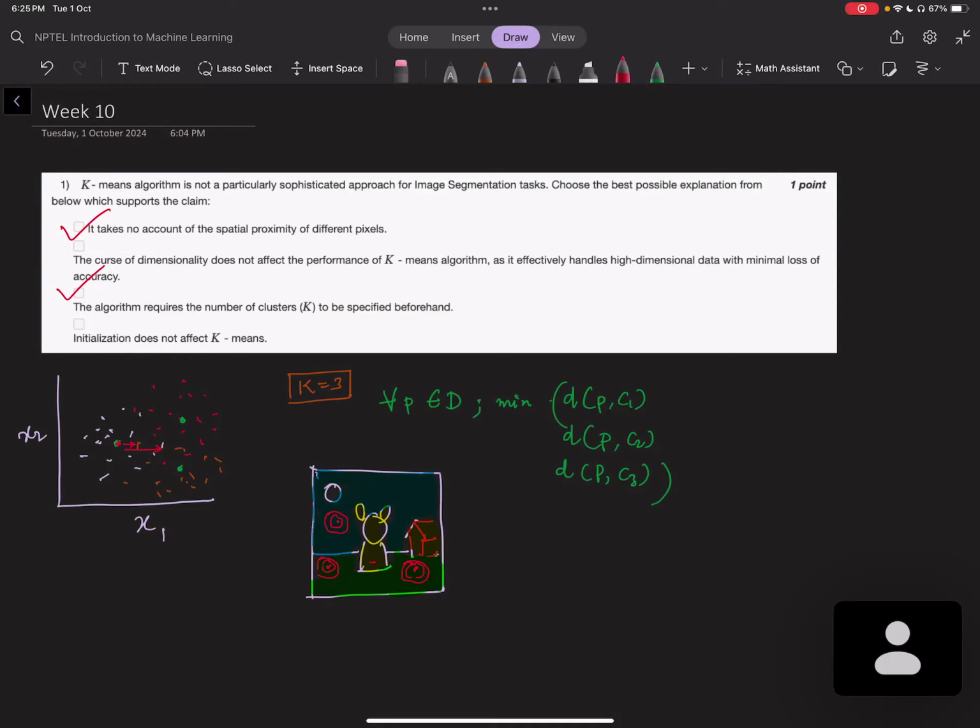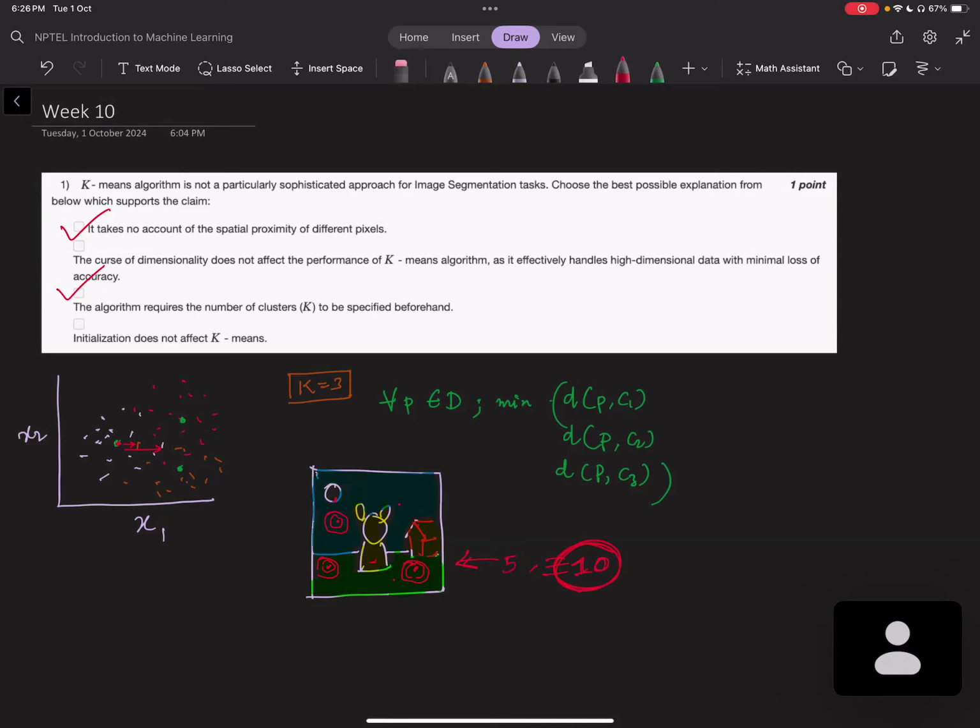The second reason is the number of clusters. This image has like 1, 2, 3, 4, 5 elements, but some images will have, let's say, 10 segments. So we don't know the number of clusters or regions that we need to classify.